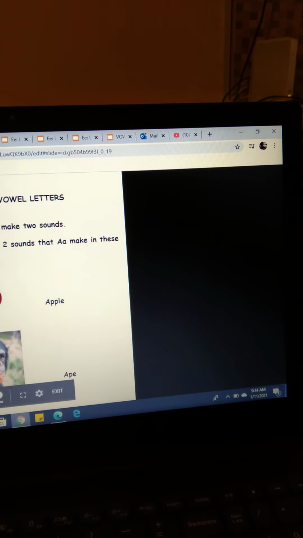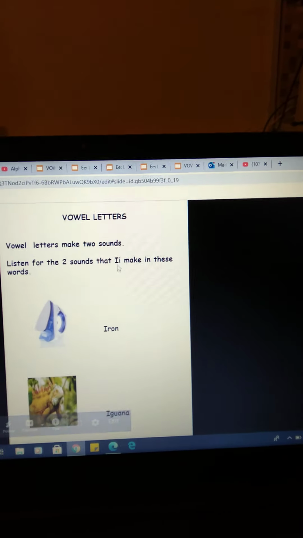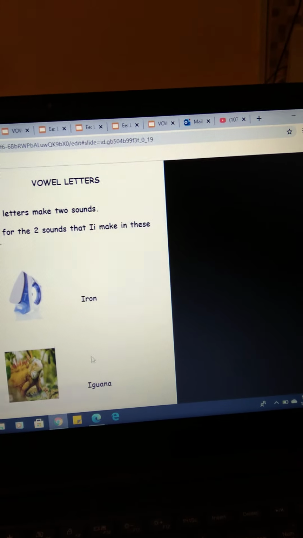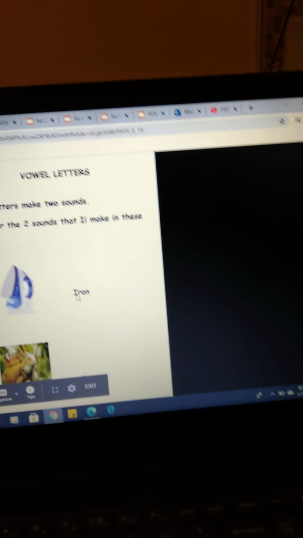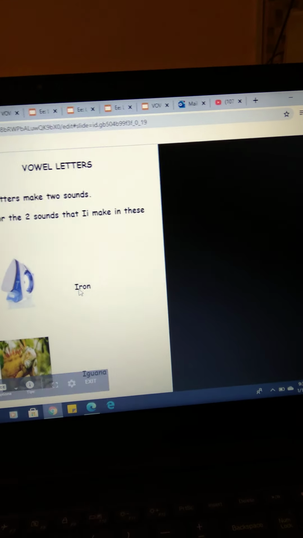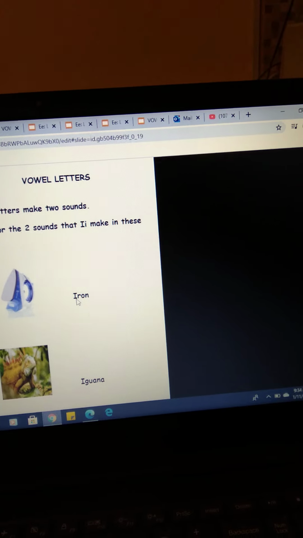Okay, so let's go to this letter here. This is also a vowel letter, the letter I. Let's see if this letter I is making just one sound, the same sound in both words, or if each word has a different sound. Right, iron.